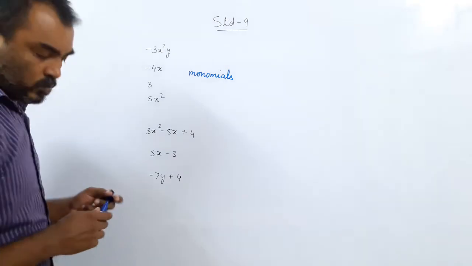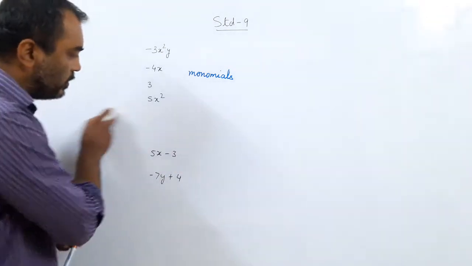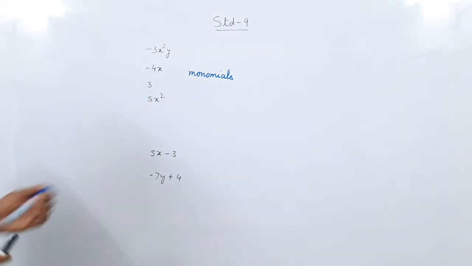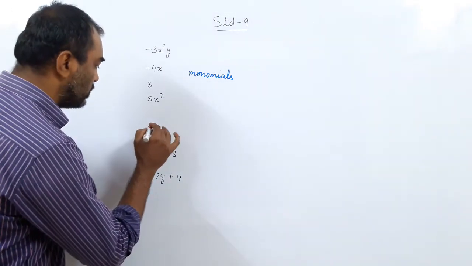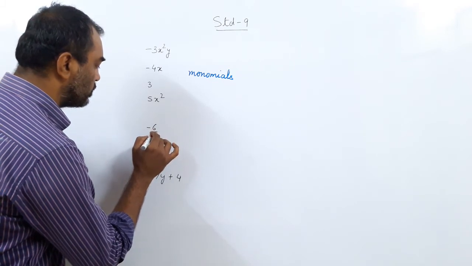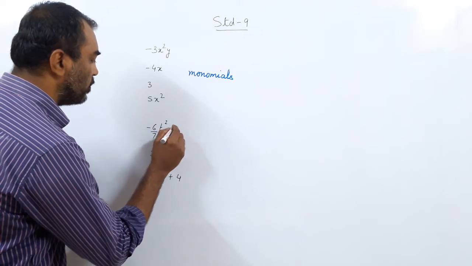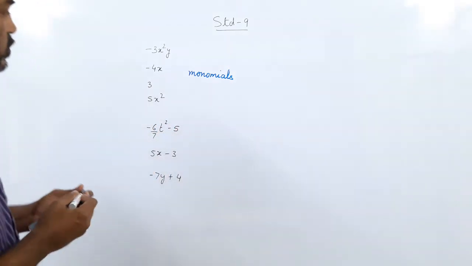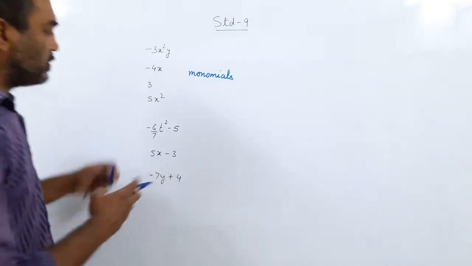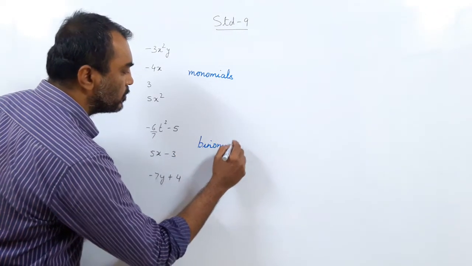So, sorry, this is a trinomial. We'll remove this, we'll write something else. Minus 6 by 7 t square minus 5. So what are these? These are binomials.